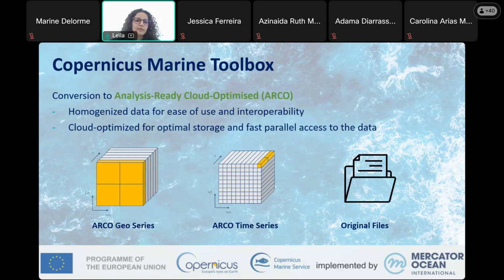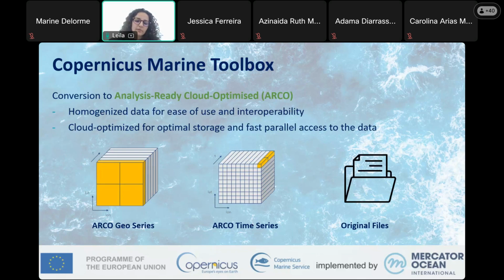So it is optimized to analyze a large geographic area over a short period of time. The Time Series service provides a version of the data with a small chunk size for the latitude and longitude dimensions and a large chunk size for the time dimension.